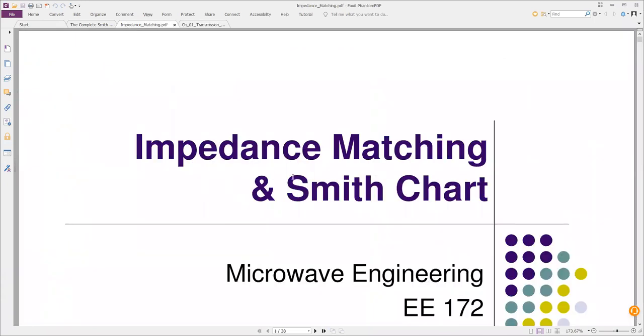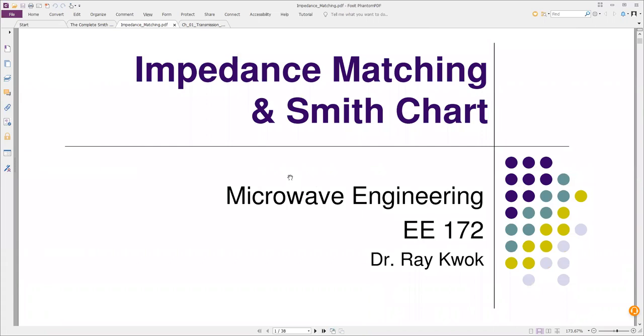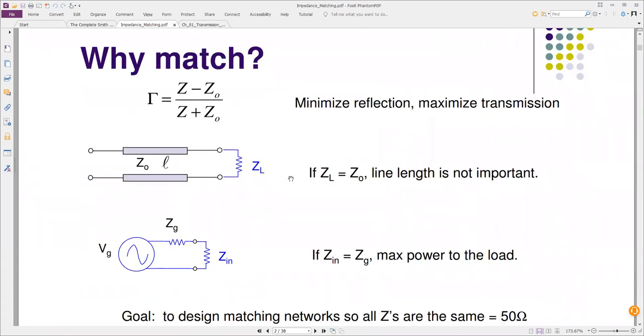Now, see impedance matching and the Smith chart. So this is the reflection coefficient actually.